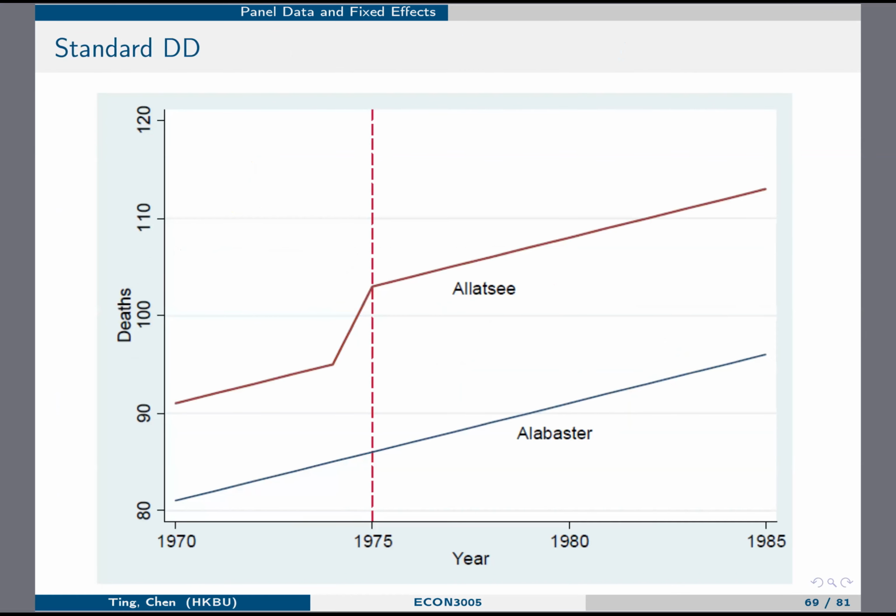Consider the standard DD, the death rate for only Tuesday. We compare Kansas, remember, that's the control group without any change of the legal drinking age, and Alabama, one that lowers the legal drinking age.